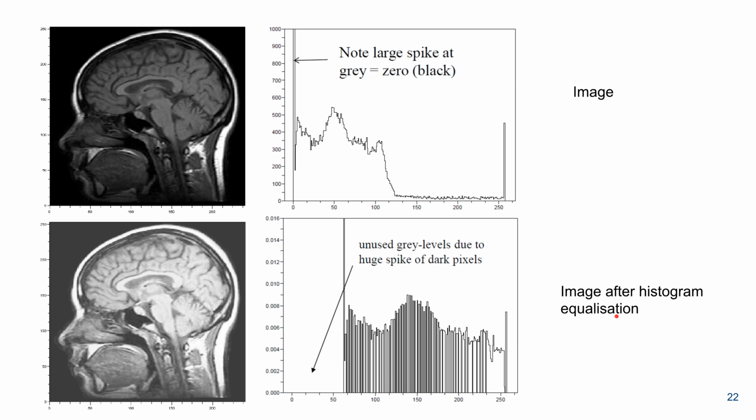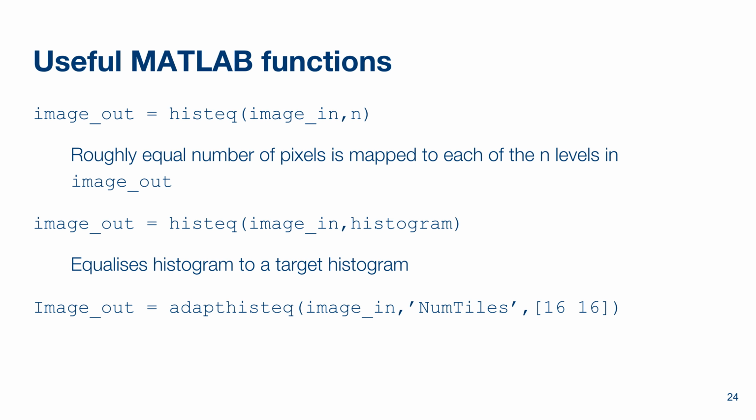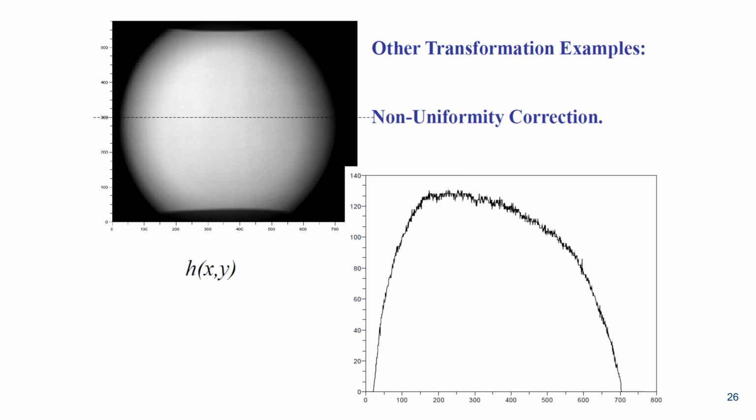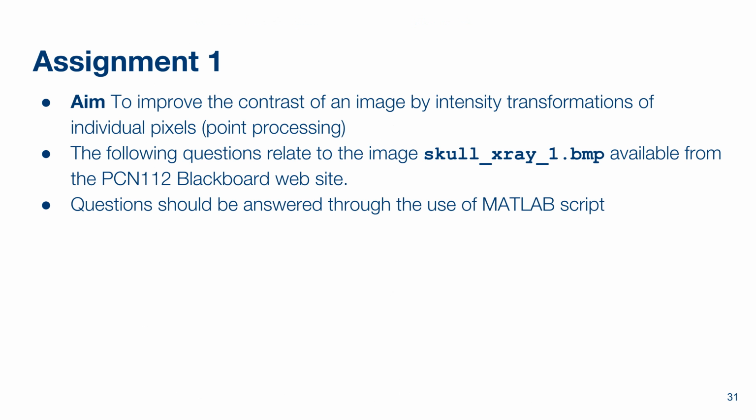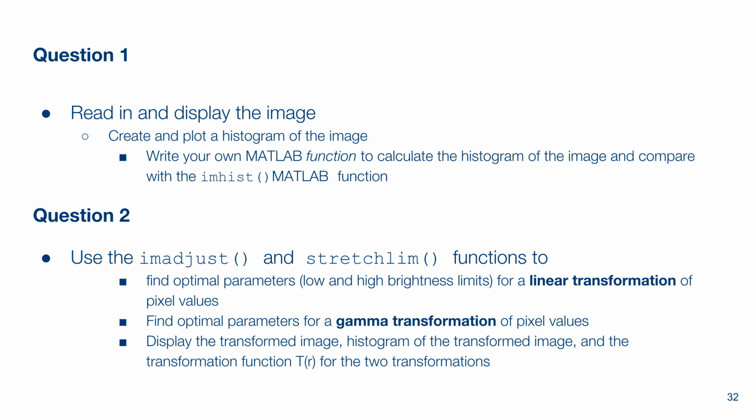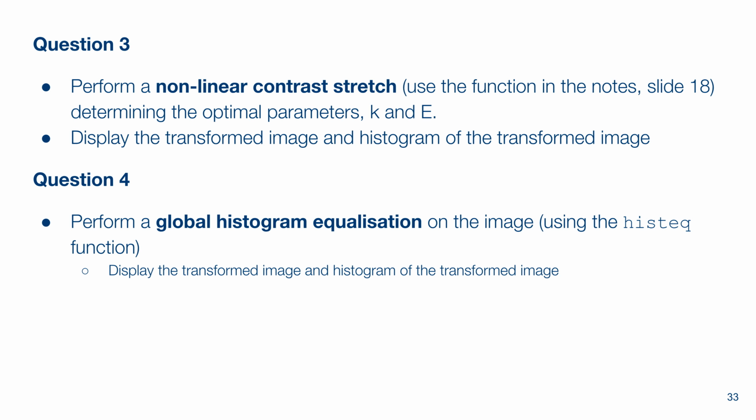And remember I expect this to be submitted in the form of a single MATLAB script that answers each of these questions. So you have a script that progressively answers the questions. So read the image in, answer question 1 in the script. Remember, it needs to be fully commented, so I know what you're doing. Then question 2, answer in the same script. 3 in the same.